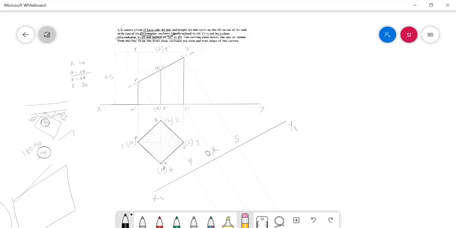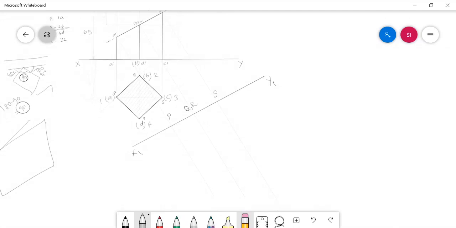So measure the distance between point P and the XY line. Mark the point P at the same distance with respect to x1 y1. See here, point P is located below xy this much distance, so here also below x1 y1 with that much distance, I have to mark the point P.